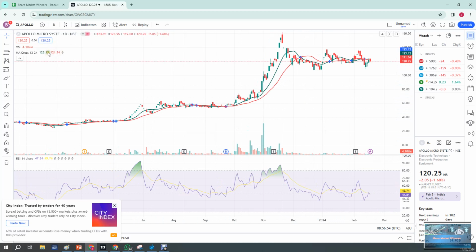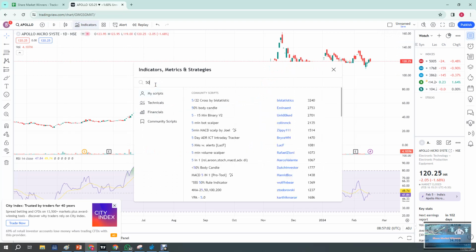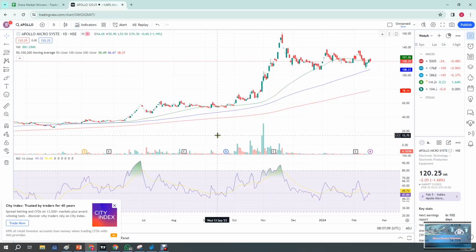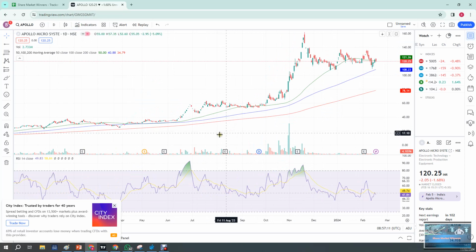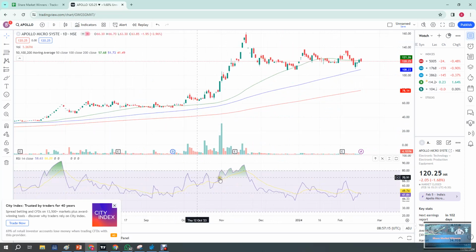Okay, and there is another indicator which can be used for long-term investors, which is nothing but the 50, 100 and 200 moving averages, which I normally use to understand whether the pattern is in the right direction. In the same scenario, this indicator would also give you an indication in correlation with the RSI indicator, to give a confirmation that it is in the overbought or oversold zone.